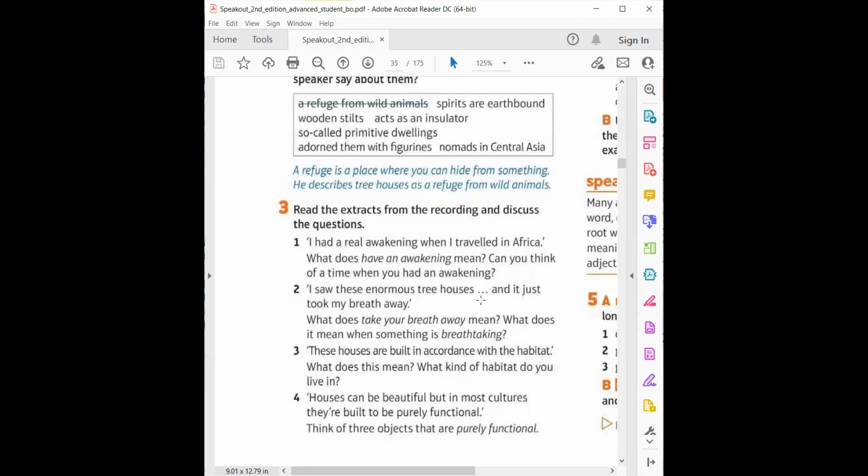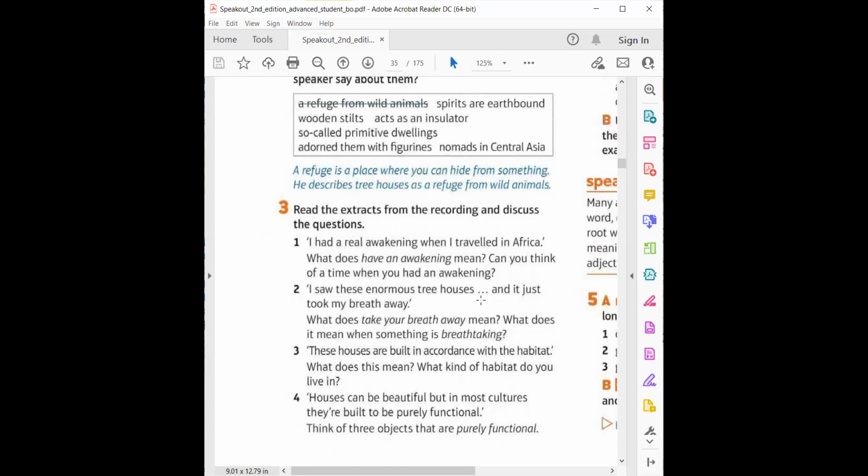I saw these enormous tree houses, and it just took my breath away. What does take your breath away mean? And what does it mean when something is breathtaking? I think this is again the same as Arabic. We say the same. I think it makes you feel fresh.